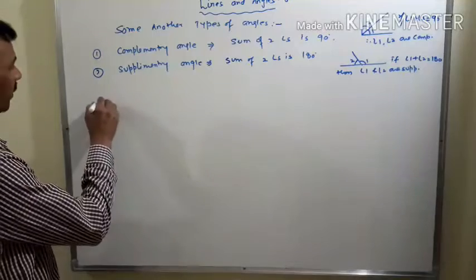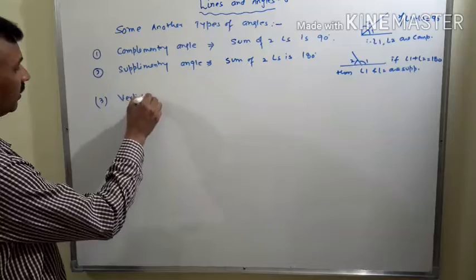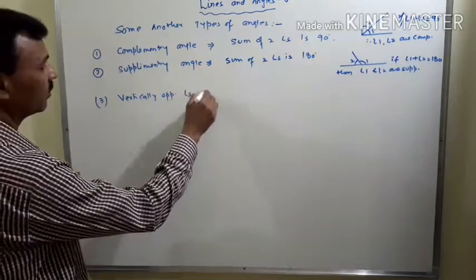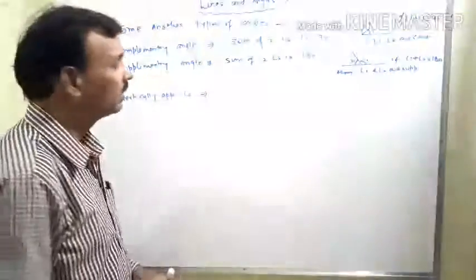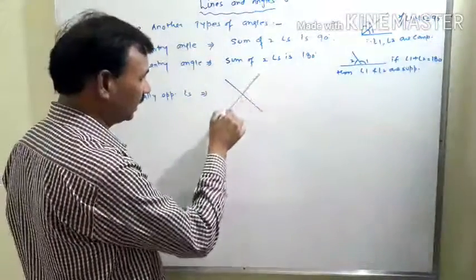Now the third type of angle is the vertically opposite angle. What is the vertically opposite angle? Vertically opposite angle is nothing but when two lines intersect each other, like this.